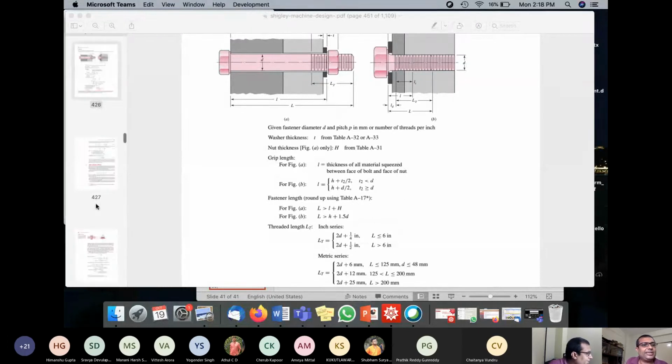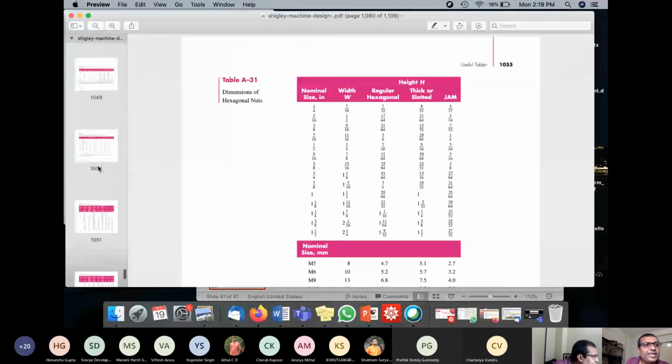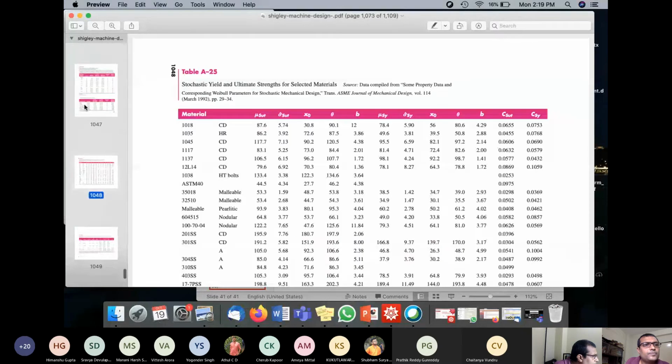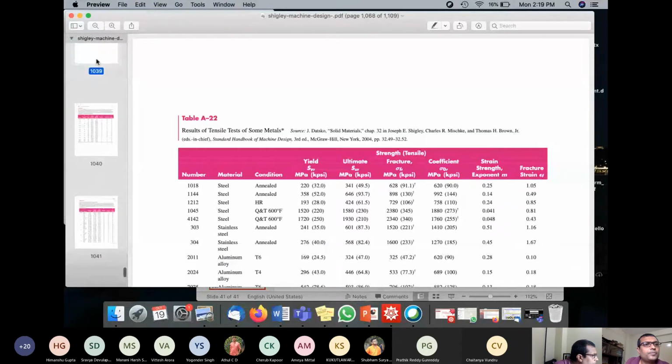Let me just go to table A17, to show you how fastener length is calculated, the total length. Yes, so A17.